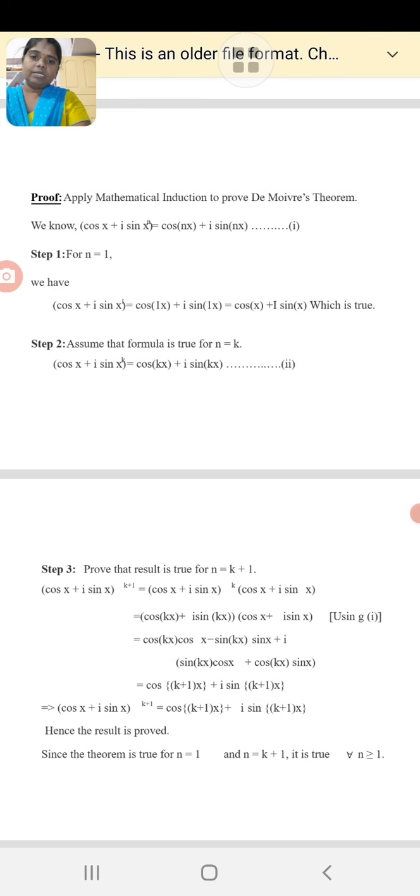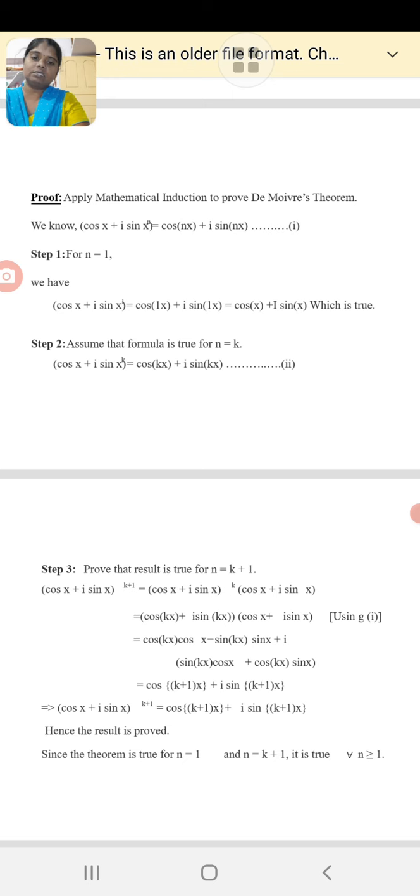Now, by using equation 1, we can write the first term, (cos x + i sin x)^k, as cos kx + i sin kx, and the second term stays as it is.